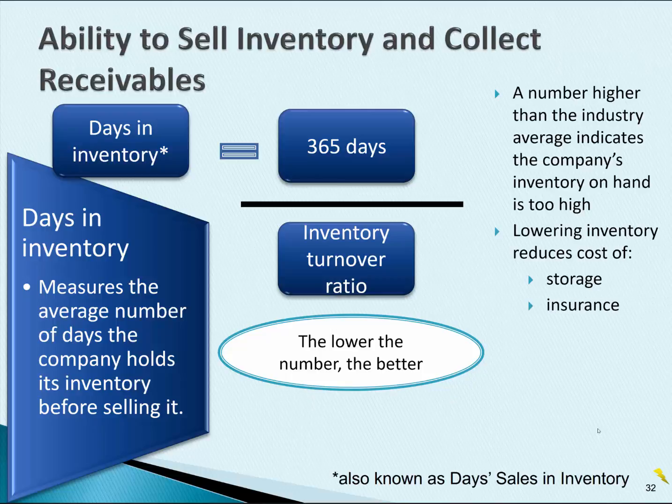So having a whole bunch of inventory on hand is kind of expensive. So the most successful companies are the ones that can minimize their inventory while still making enough sales to meet customer demand. And so this formula, days in inventory, is also known as days sales in inventory.